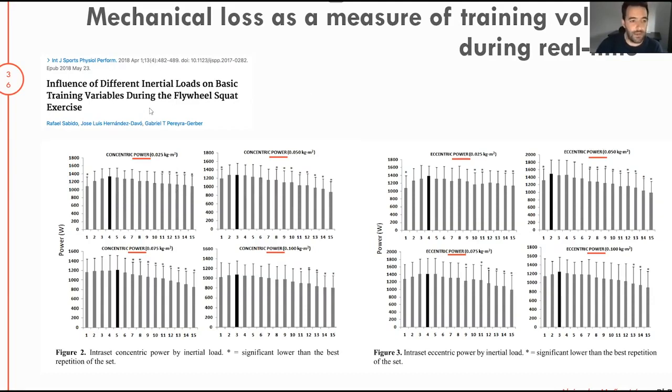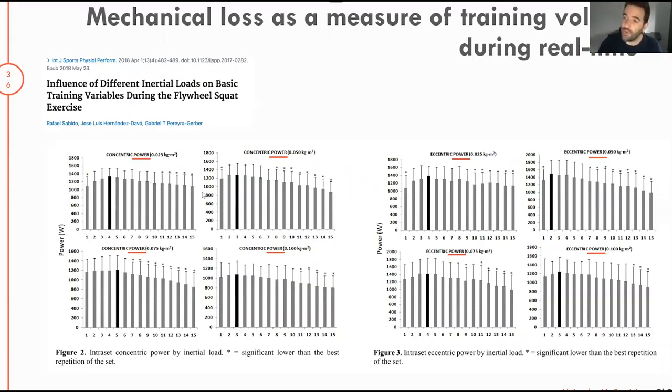So, to my knowledge, the first paper which covered that was the one from my colleague Rafael Sabido, where they showed that over 15 repetitions, first of all, you need the first 3-4 repetitions to achieve the highest concentric or eccentric power, and then you see how it decreases along the repetitions.